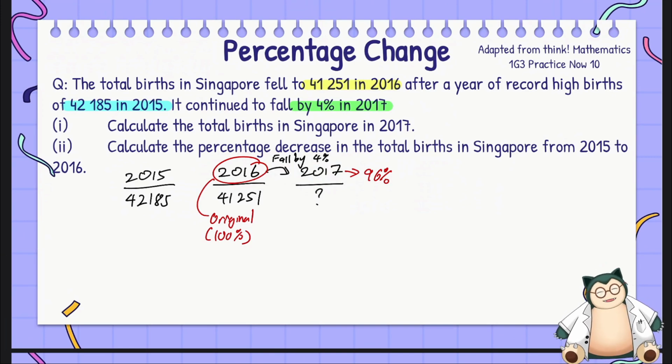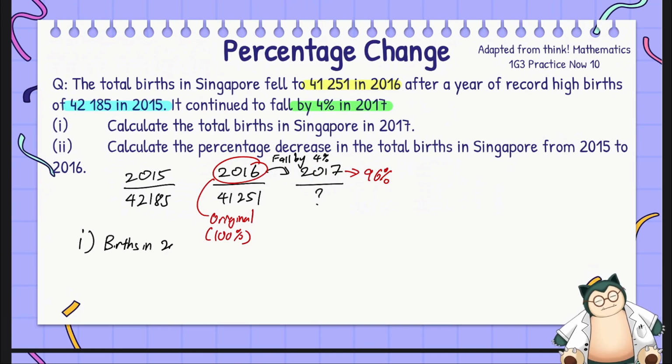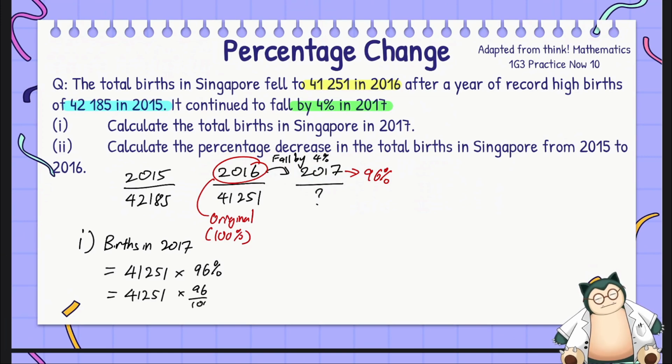So to answer part 1, the births in 2017 will equal 41,251 multiplied by 96%, which equals 41,251 multiplied by 96 over 100.